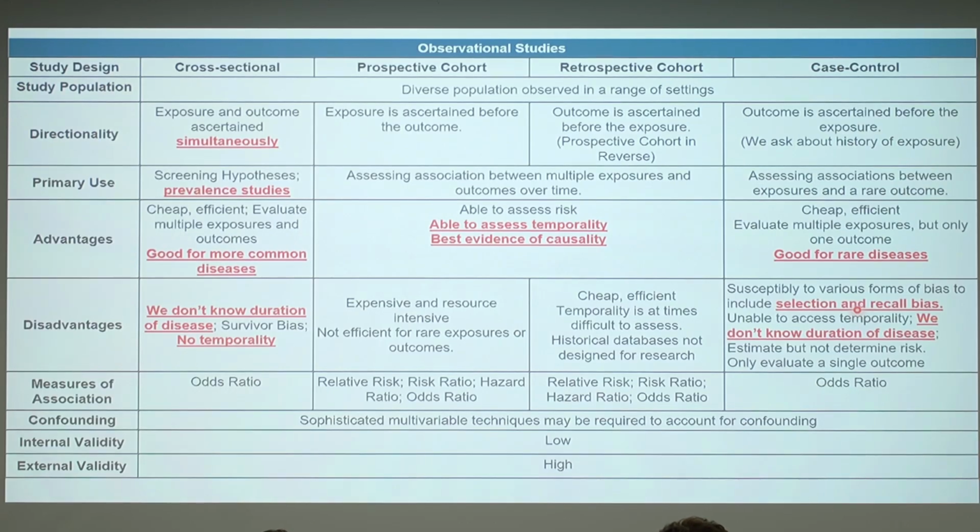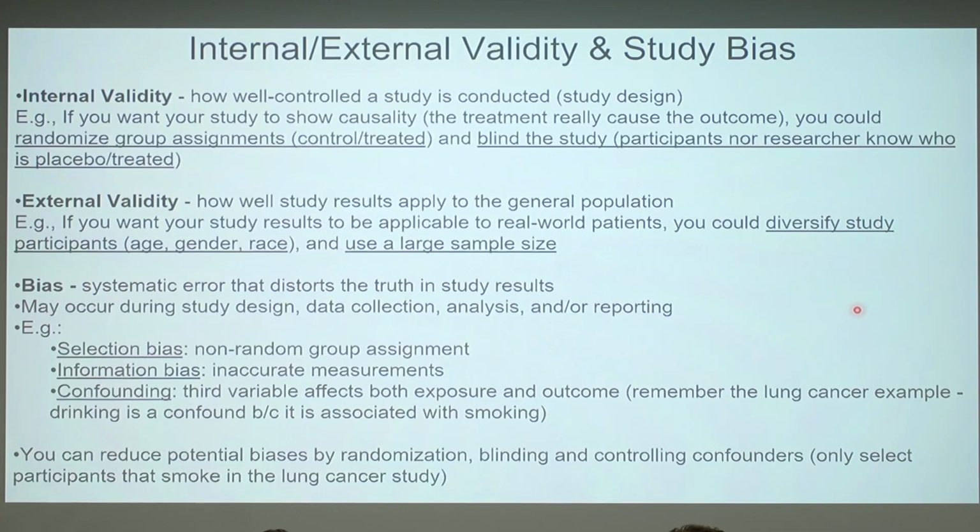And so all of these study designs have low internal validity and high external validity. And the reason why is because, as I mentioned earlier, for observational studies there's no intervention.